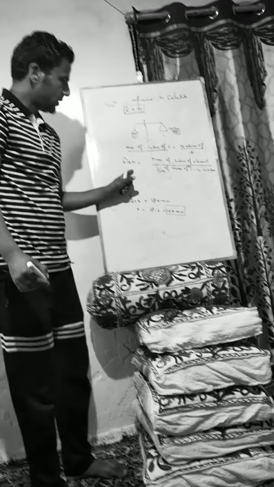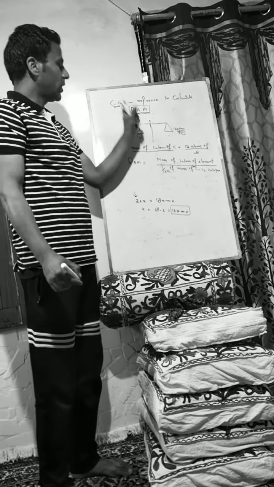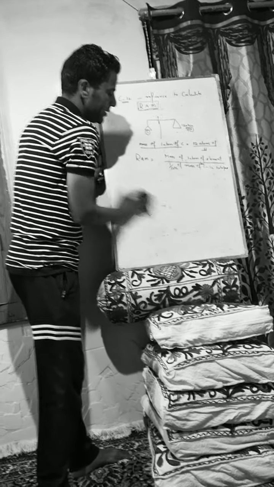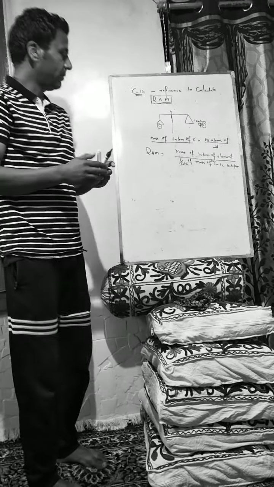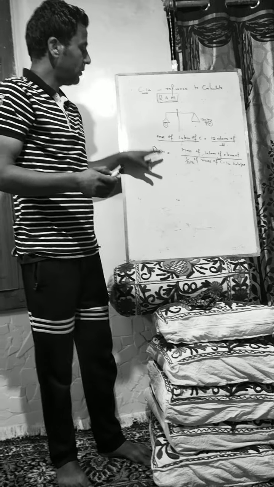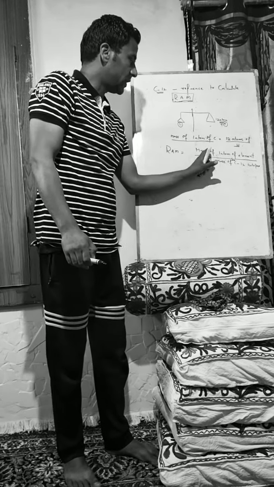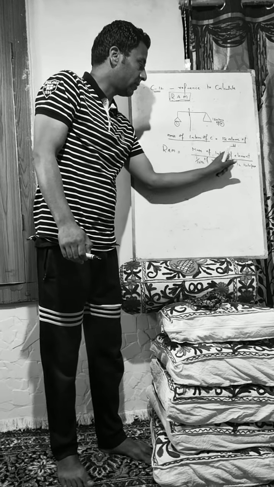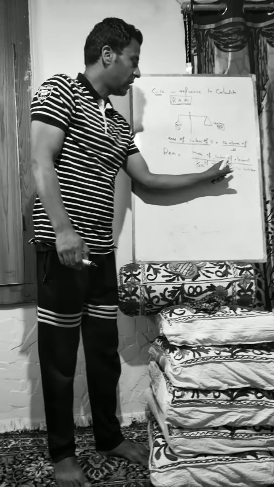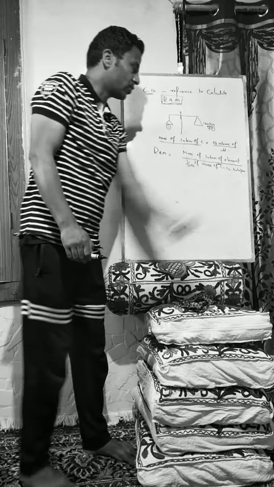So this is the method by which we can calculate the relative atomic mass, and we have to memorize this formula. Relative atomic mass of any element is the mass of one atom of the element divided by 1/12th of the mass of one carbon 12 isotope.